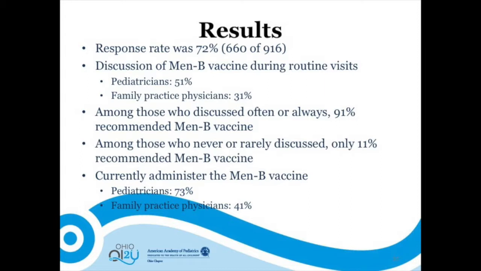Among those who discussed this vaccine often or always, 91% recommended the Men-B vaccine. Among those who never or rarely discussed the vaccine, only 11% recommended it. When asked if they currently administer the vaccine, 73% of pediatricians said yes. Only 41% of family practice physicians indicated that they currently administer it. Next slide.